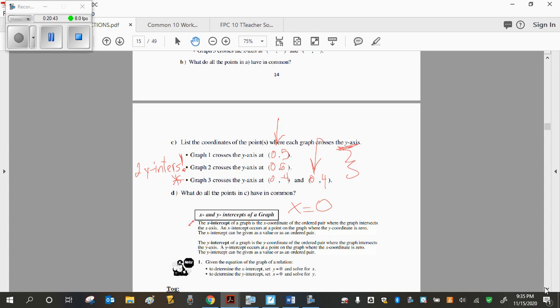So go ahead and highlight this first sentence of each paragraph, and then put a star by it, because this is how we're going to be determining x and y intercepts algebraically.